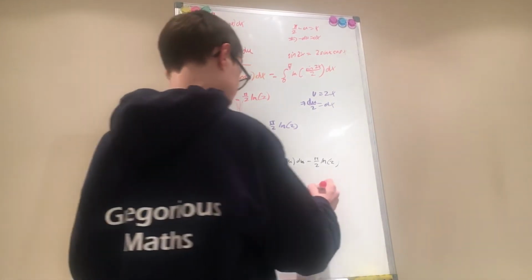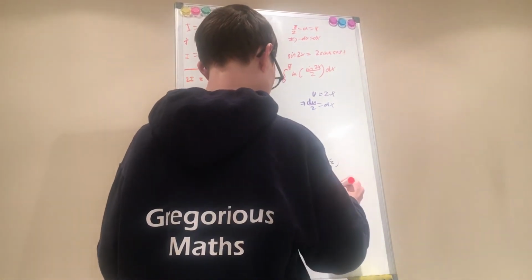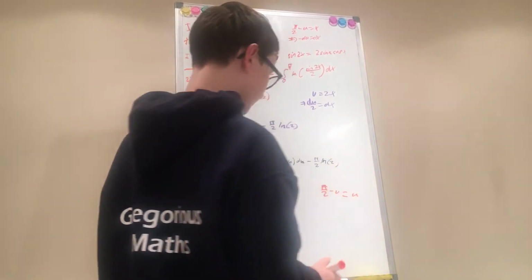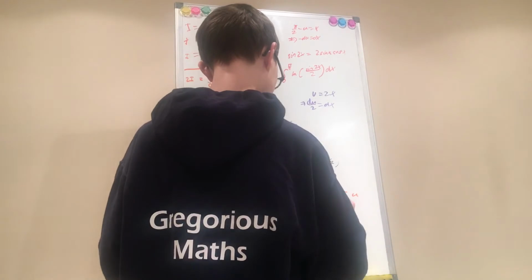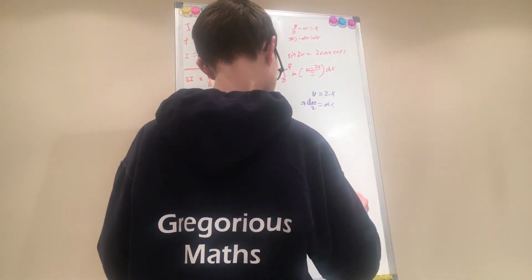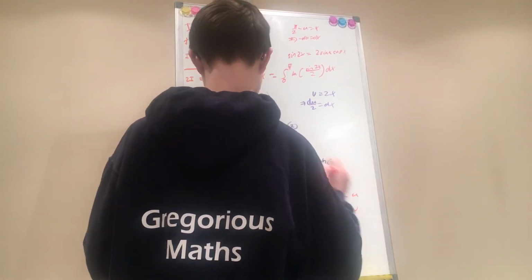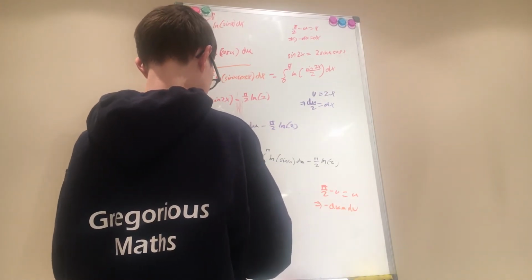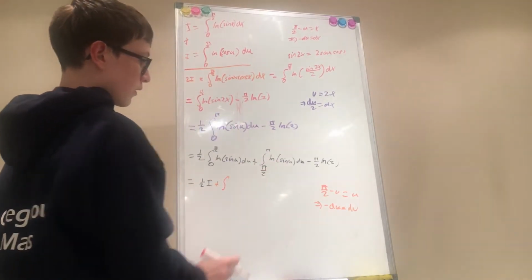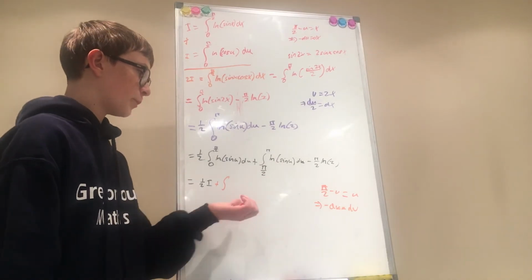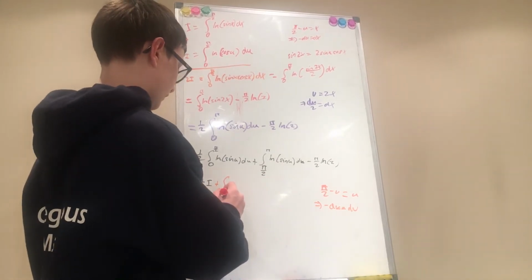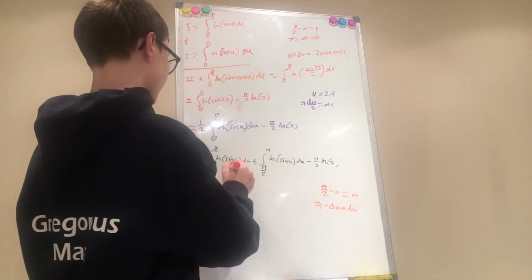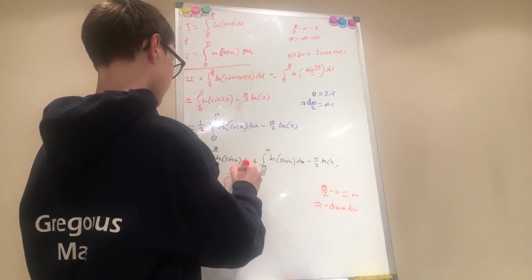Let pi over 2 minus v equal u. Therefore, negative dv equals du. So, we add the integral from, okay, so when u is pi over 2, v is obviously 0. When u is pi, v is negative pi over 2.